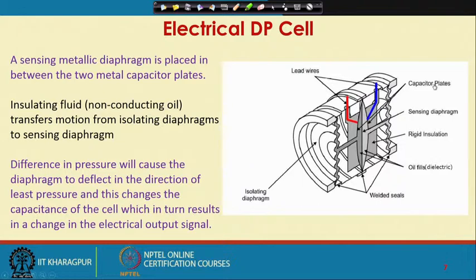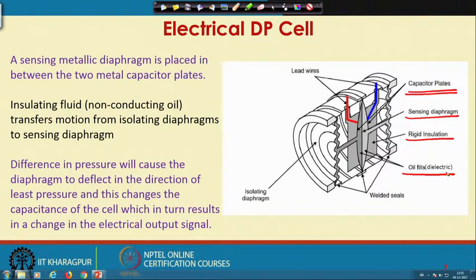You can see two capacitor plates, in between you see a sensing diaphragm, you have insulation and you have oil fill which works as dielectric medium. These are the wires coming out from the two capacitor plates.